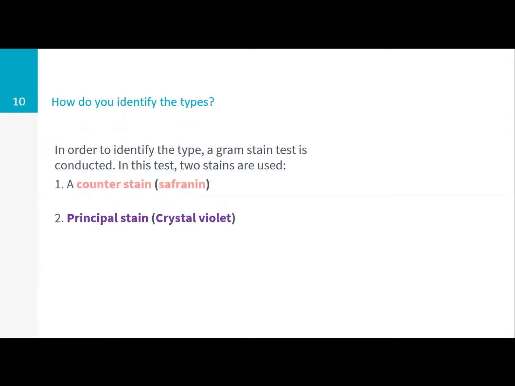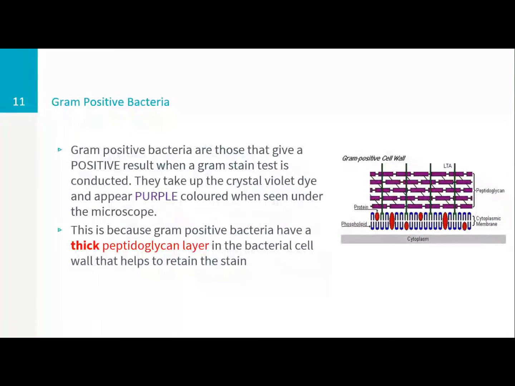So how do we identify the types? As I mentioned before, a gram stain test is actually done. Now, the gram-positive is that which basically gives a positive result to the gram stain. And as I mentioned, it is a principal crystal violet dye that is applied to it. And then this is the peptidoglycan wall. So it is very thick.